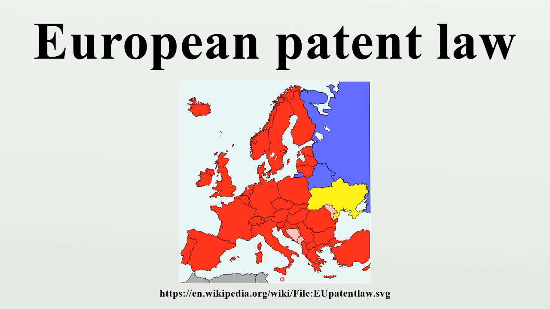The European patent law covers a wide range of legislations including national patent laws, the Strasbourg Convention of 1963, the European Patent Convention of 1973, and a number of European Union directives and regulations in countries which are party to the European Patent Convention.